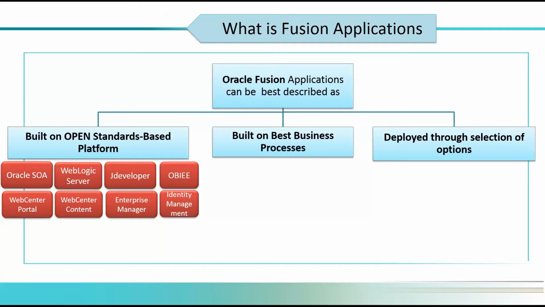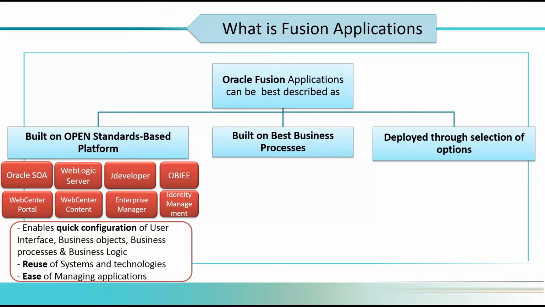The main use of this is that it enables quick configuration of user interfaces, business objects, processes, and business logic. Most of the time you can reuse the systems and technologies, and it's very easy to manage the applications. This platform really made Fusion so unique. We can use the Fusion architecture to maintain any of your enterprise applications and custom applications.